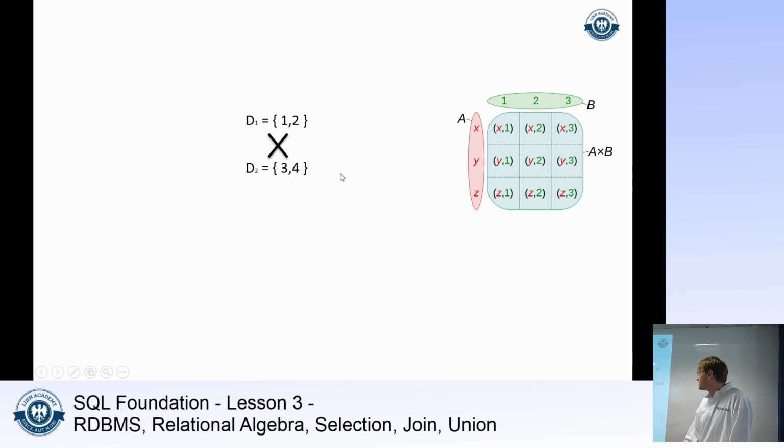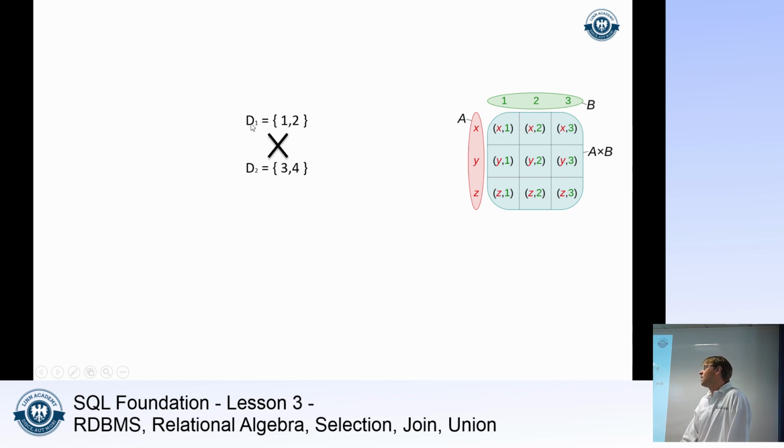So imagine we've got a data set, or just a set of numbers, 1 and 2. And we've got another set of data, 3 and 4. And the cross means that we're going to produce a Cartesian product out of those two sets of numbers. The way we do this is we take the first number from relation 1.